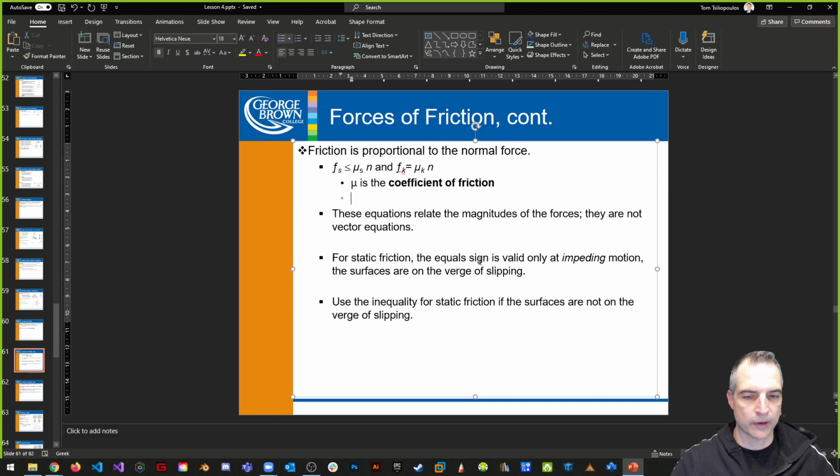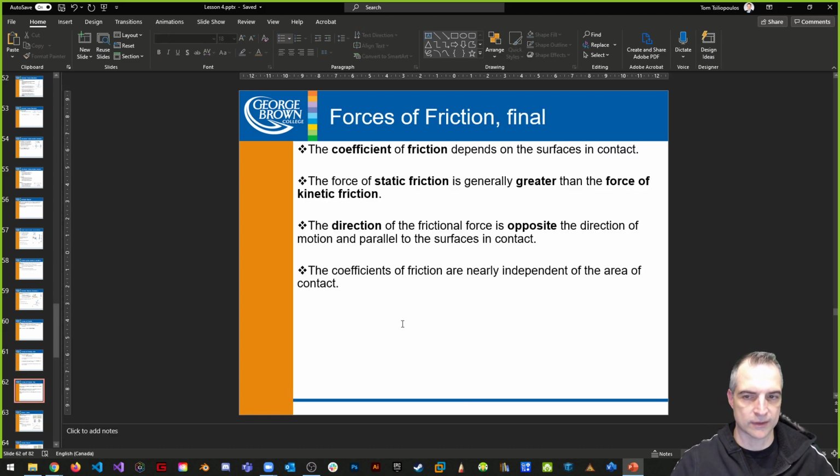And we can think about that friction impedes motion. That's what it does. It provides additional resistance. The coefficient of friction depends on the surfaces in contact. The force of static friction is generally greater than the force of kinetic friction. In other words, if you can picture something that's at rest, remember, by Newton's first law, an object at rest tends to stay at rest, right?